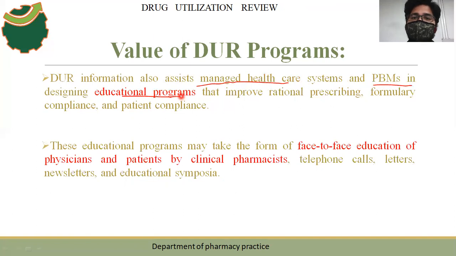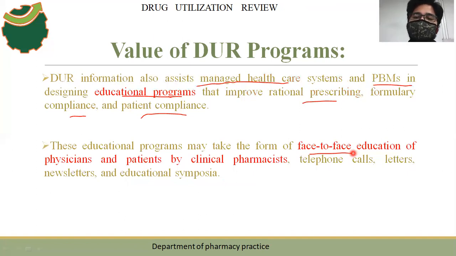Those educational programs are helpful for rational prescription, formulary compliance, that is prescribing according to the formulary, and patient compliance, right? When we have educational programs like classes or online or offline sessions, there is face-to-face interaction with prescribers, physicians or other groups of people.